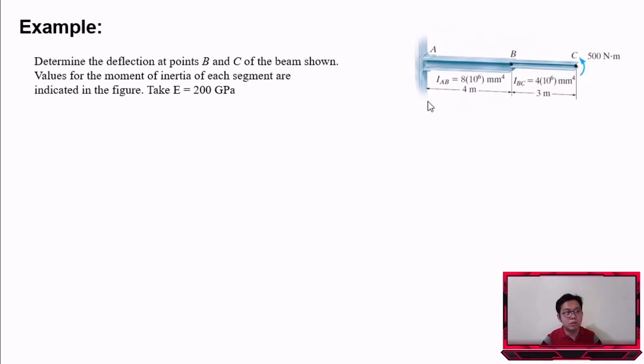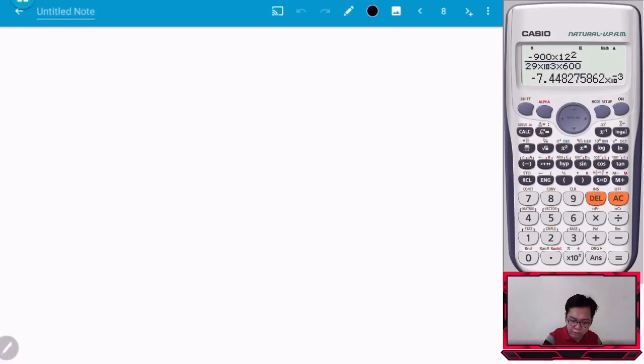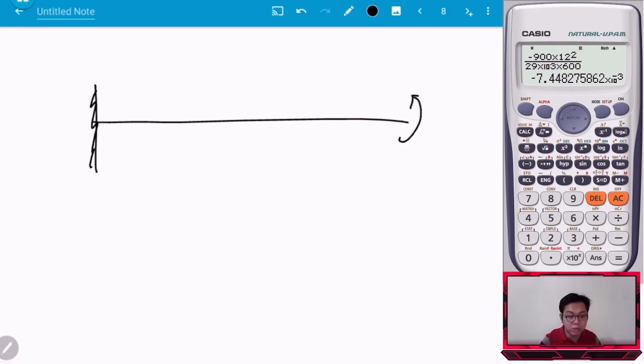Okay? So, same again, the values of moment of inertia are there. Let me transfer our beam to the middle. Okay? So, we have a moment load here, no? Of 500 newton-meters.